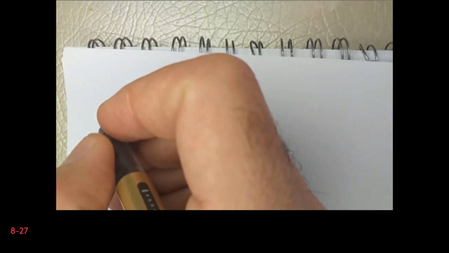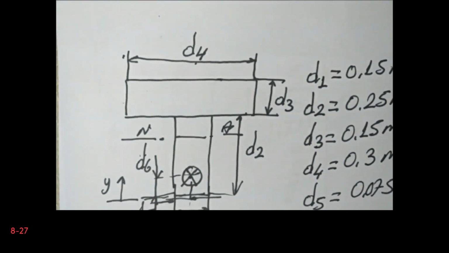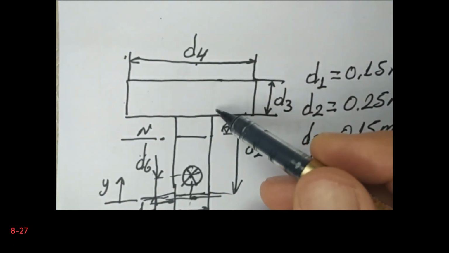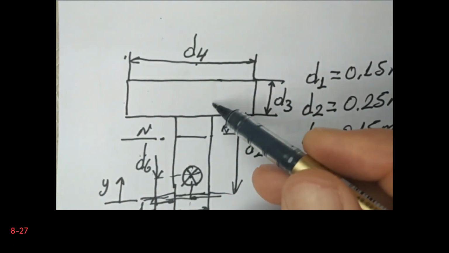So we will calculate the bending moment of inertia with respect to the neutral axis. In fact, again, we have two areas, the vertical one and the horizontal one, and we will calculate their moment of inertia with respect to the neutral axis.